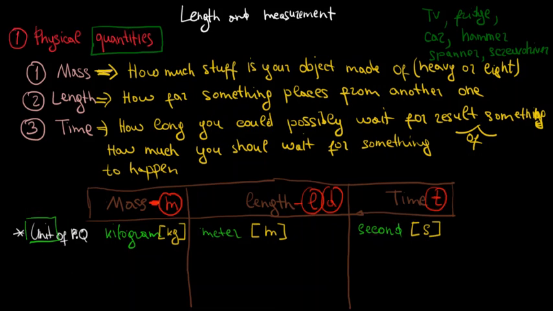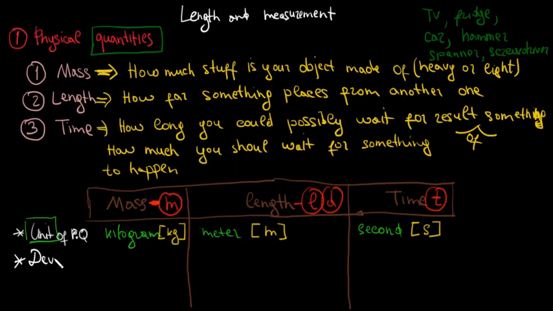The last main thing I'm going to tell you about is what kind of devices we use for measuring these three main physical quantities, which are used to define other things.